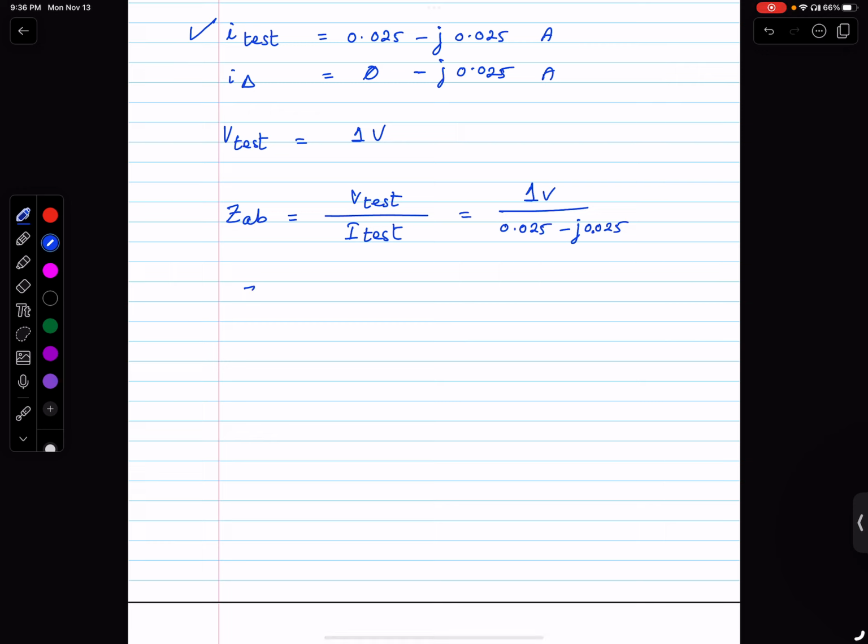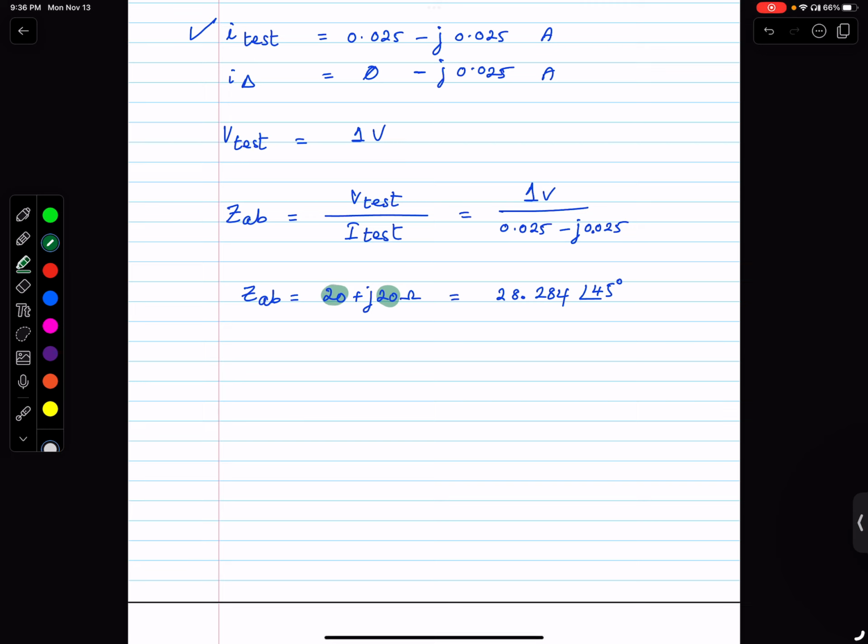You'll see that ZAB is really 20 plus J 20 ohms, which turns out to be 28.284 angle 45 degrees. Okay, it's not surprising. You don't even have to do the math for the angle. Think about this. Your imaginary part and real part are equal.